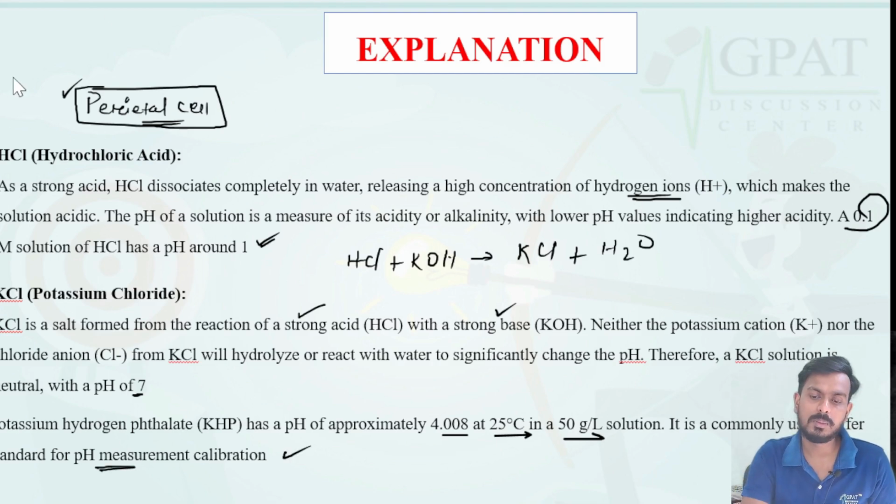You know that we have a pH meter, which we use for measuring the pH of a particular solution. To standardize that instrument, we need a standard buffer. In those cases, potassium hydrogen phthalate, or KHP, is used as a calibrator for the pH meter.